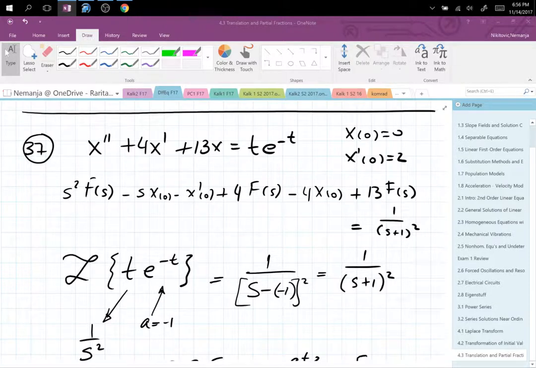Now, the trick that we will be using most of the time is if you see s minus 3, then a is 3, because s is s, minus is minus, and then a is 3. If you have, let's say, s plus 4, well, you write that as s minus minus 4, because you need to match s with s, minus with minus, and then a is negative 4.